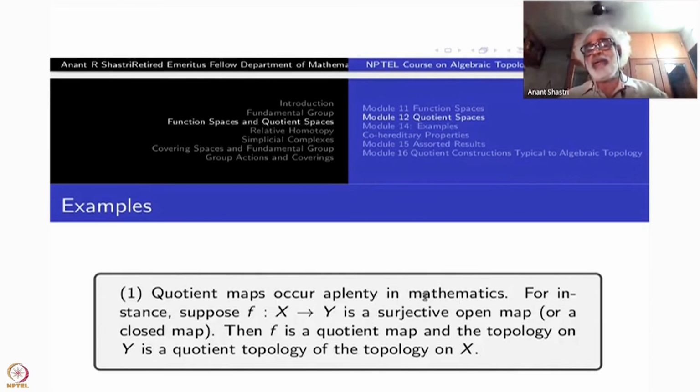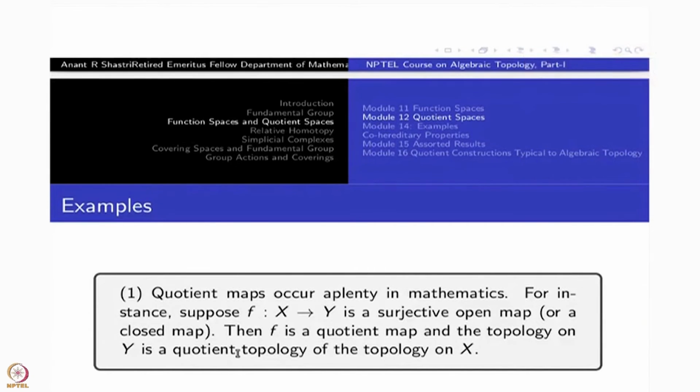Exactly the same way, by taking De Morgan law, if you have a closed map, closed, continuous, and surjection, that is also a quotient map. You may be under the impression that these are the only cases. No. Of course, quotient maps are much more general than open maps or closed maps.